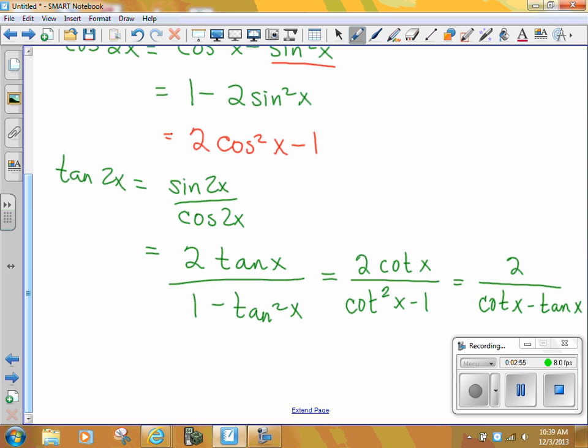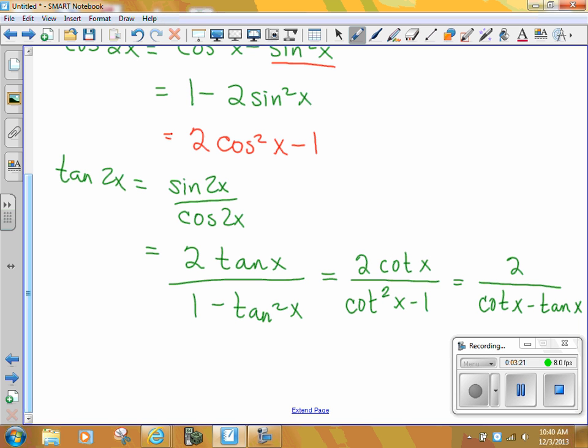Do you see why? Probably not going to use those other 2 formulas. There they are on your card, and you can use them if you need to. 90% of the time, you will have already found sine of 2x and cosine of 2x.